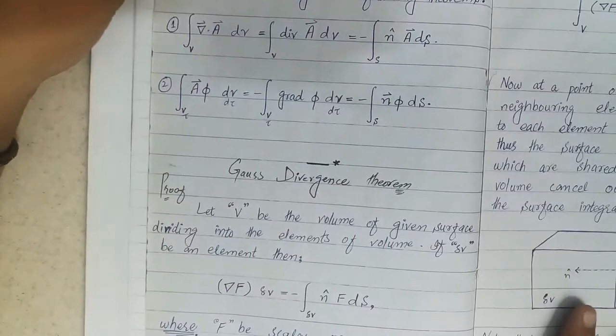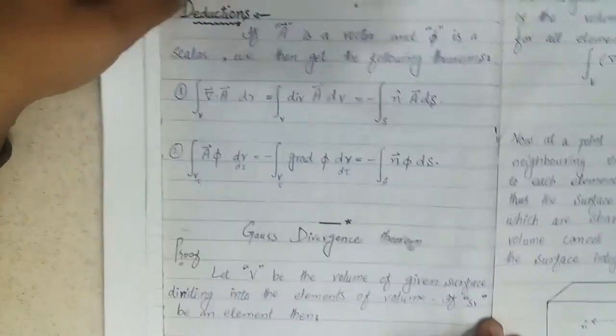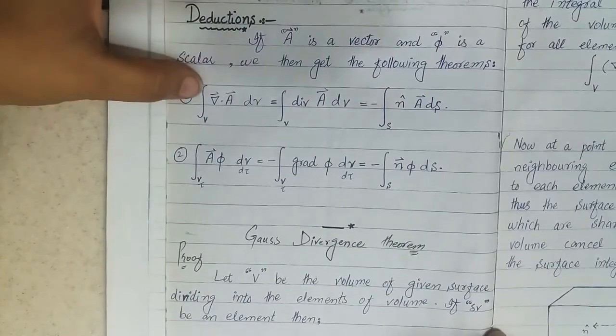Now we will prove Gauss's divergence theorem by using the first deduction.